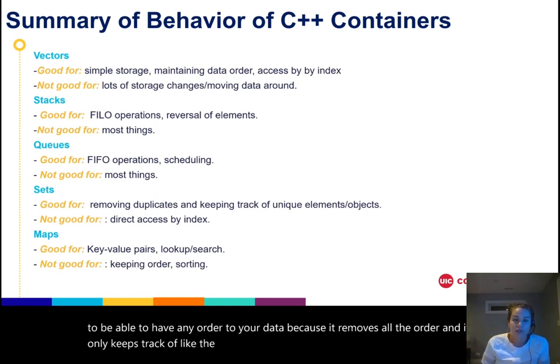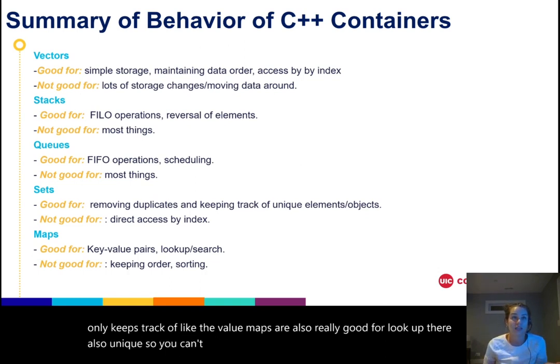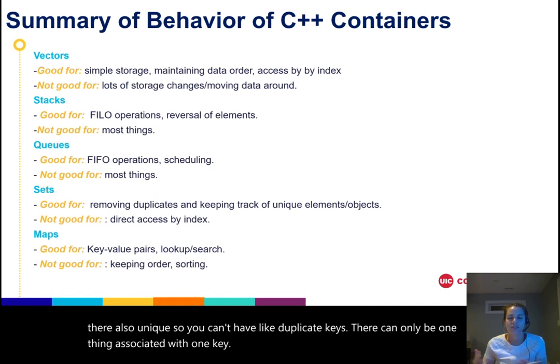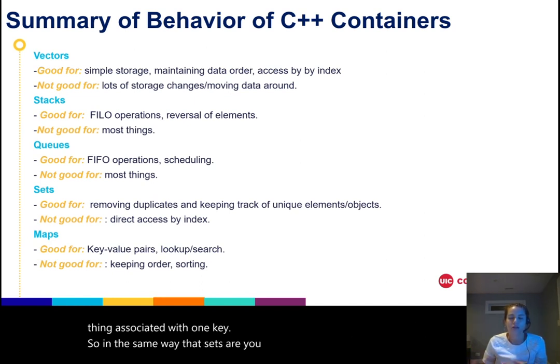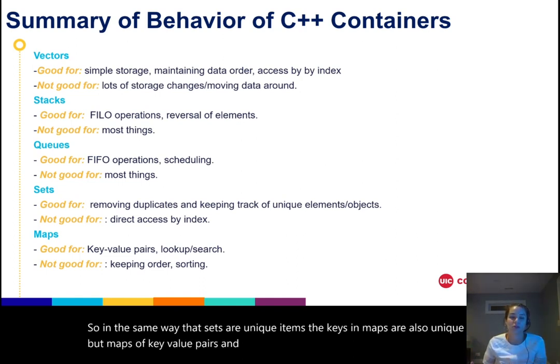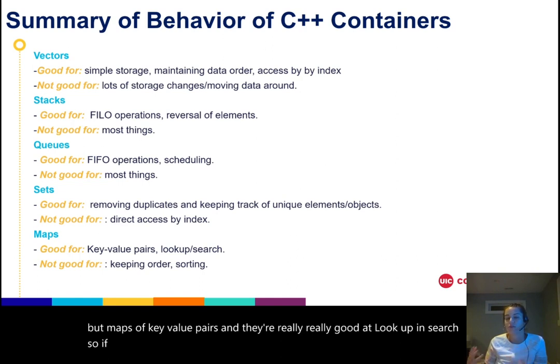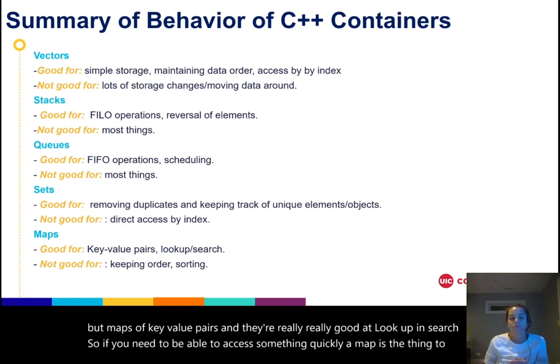Maps are also really good for lookup. They're also unique, so you can't have duplicate keys. There can only be one thing associated with one key. So in the same way that sets are unique items, the keys in maps are also unique. But maps have key value pairs, and they're really good at lookup and search. So if you need to access something quickly, a map is the thing to use.